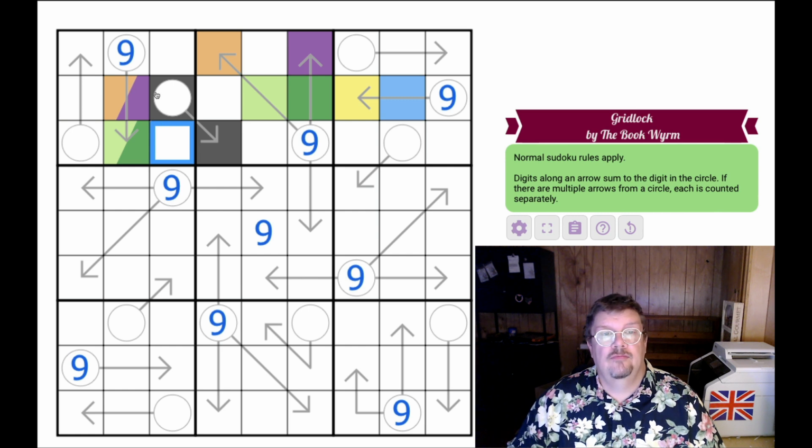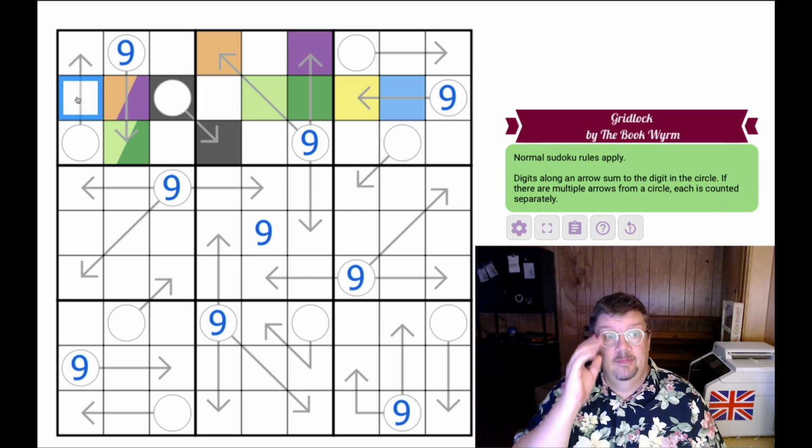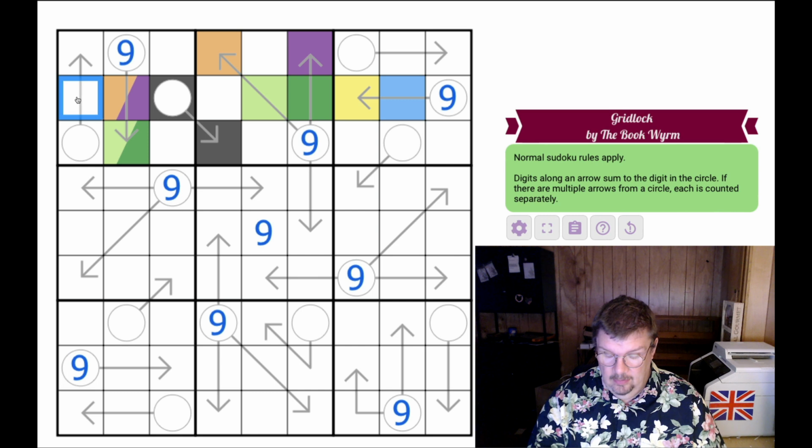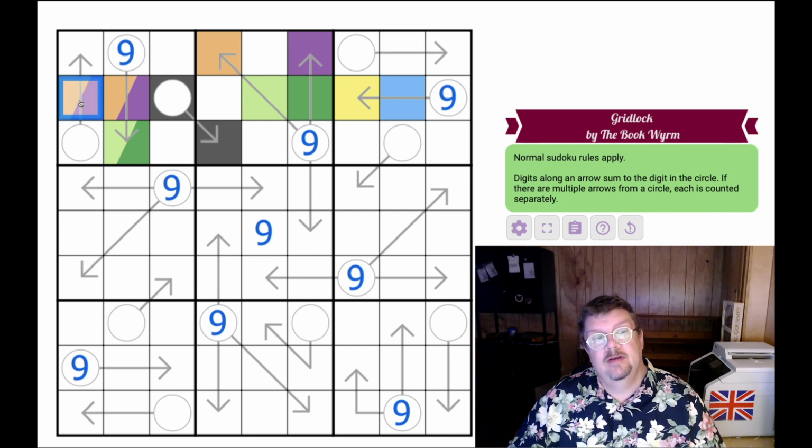So now, in this row, that can't be purple or orange, but this can be and must be purple or orange. So I don't know which way round they go, but those 2 digits are going to sum to 9 when we're all done.